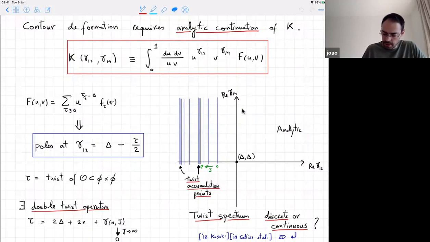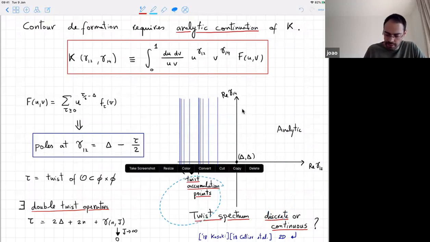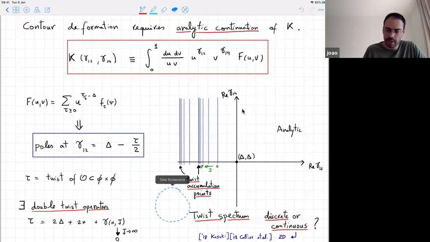Then by crossing, this region will be exactly the same because you can permute gamma_{12} and gamma_{14}. And then this region here is the hard region. This region here, we only have partial results. We don't really have a full, rigorous understanding of the analyticity. Okay. So let me first explain briefly how to derive this analytic structure here.